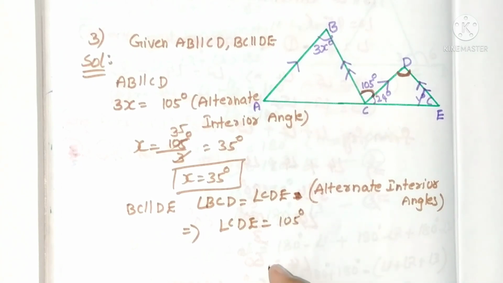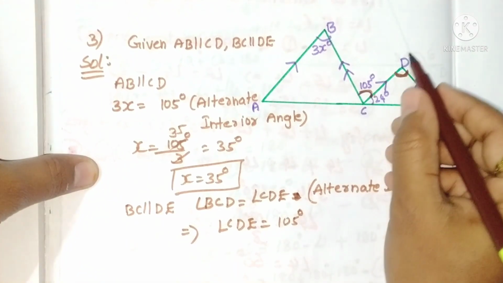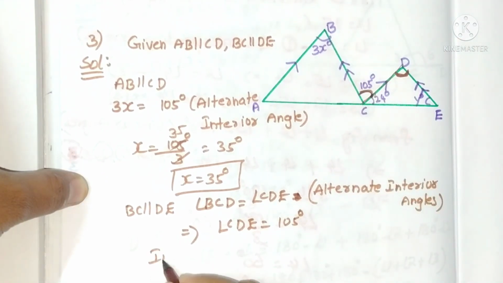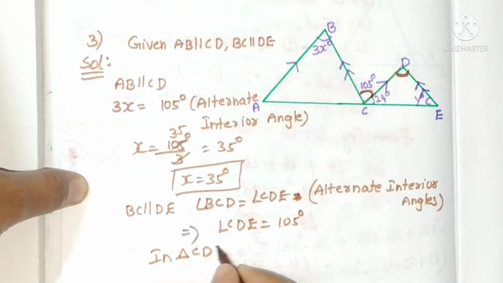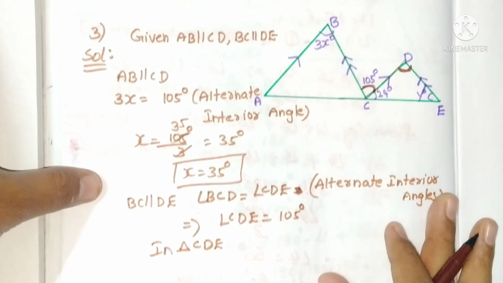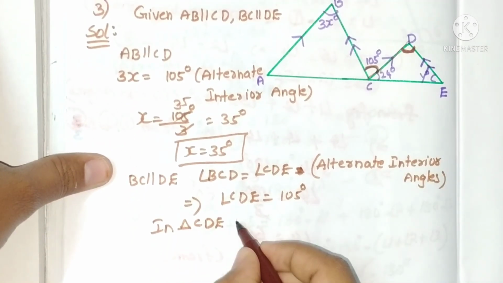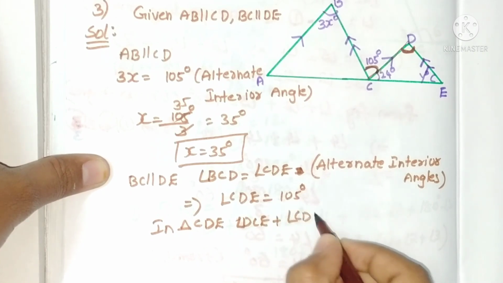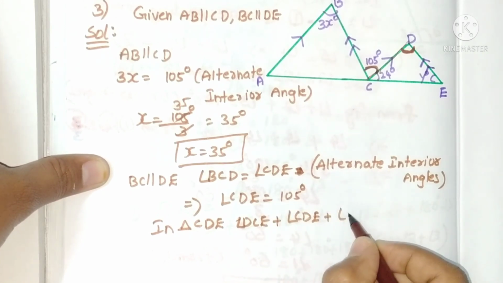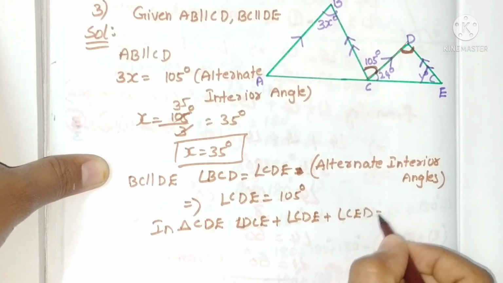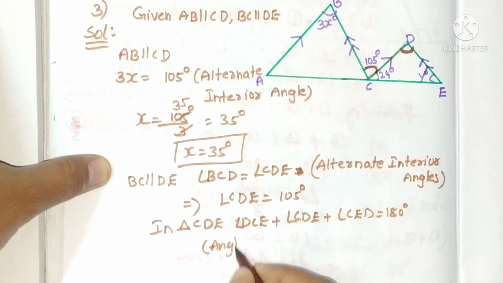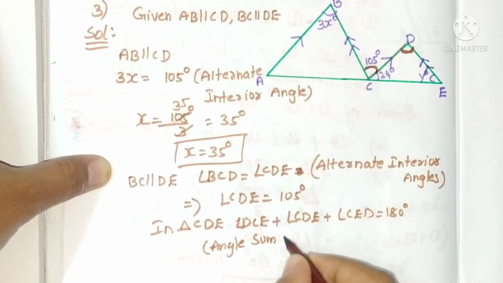Now observe, CDE is a triangle. In triangle CDE, what is the sum of the three angles? The sum of three angles is 180 degrees. Reason: angle sum property of triangle.